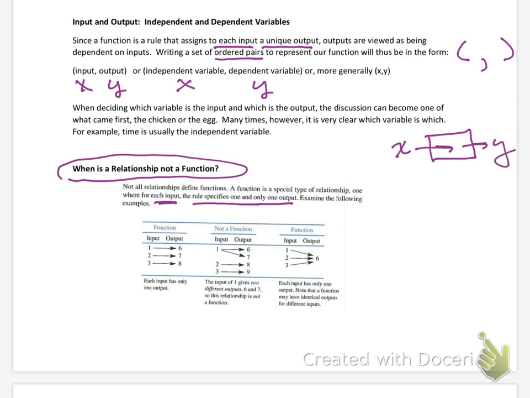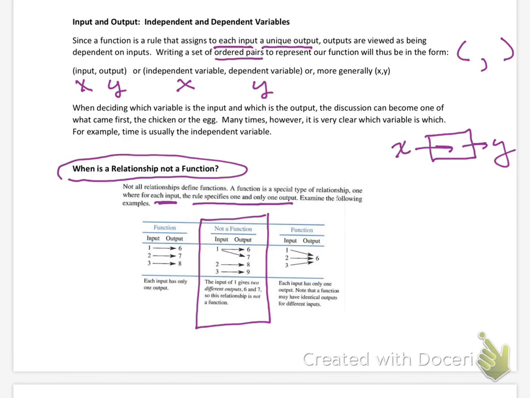Now look what's happening for the next one. This is not a function, because if you put in 1, you can get out 6 or you can get out 7. Therefore, you do not have a unique output. So this scenario is not a function. The last one is a function, because if you put in 1, you get a 6.